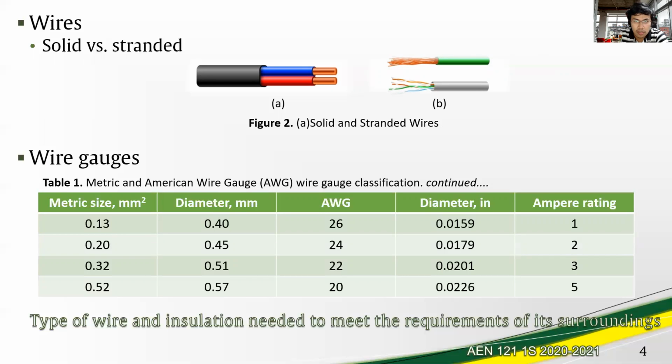So the stranded wire is a development because it allows easy twisting, even with the same effective area as the solid wire. So this is the bendability property of the stranded wire.